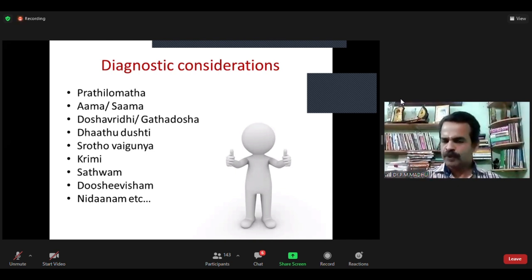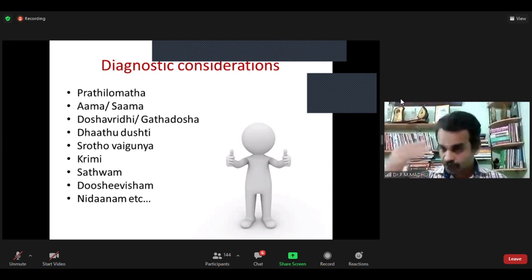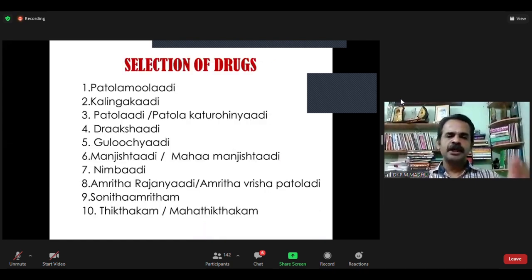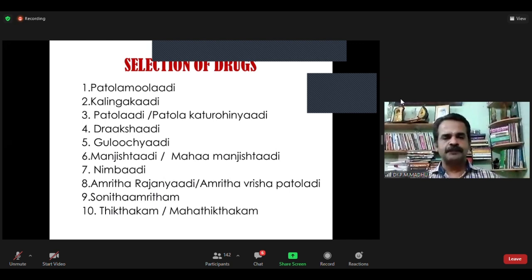Otherwise, if we give a symptomatic treatment for a condition, the chances of recurrence are there. So we have to identify the patients in terms of these factors, and we have to give appropriate drugs to reverse these conditions. Then you see, these are the examples of drugs utilized.